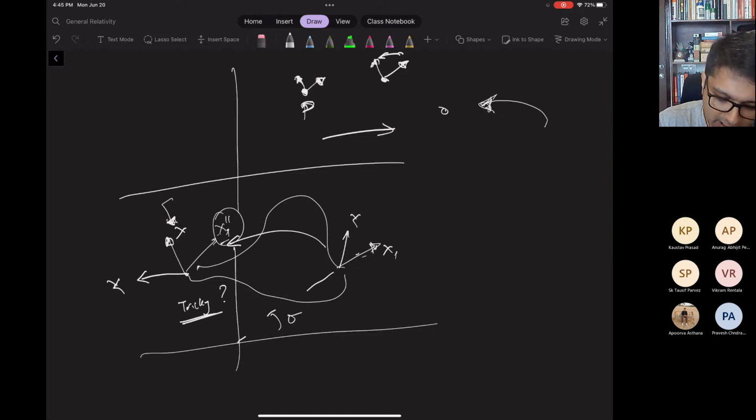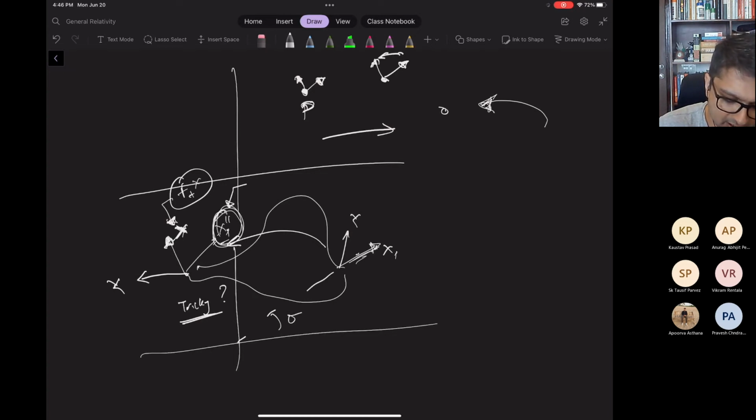If I don't have such a notion of a universally parallelly transported x, then there is no way to compare this vector x, which is the push forward of the original x, with any other vector here.